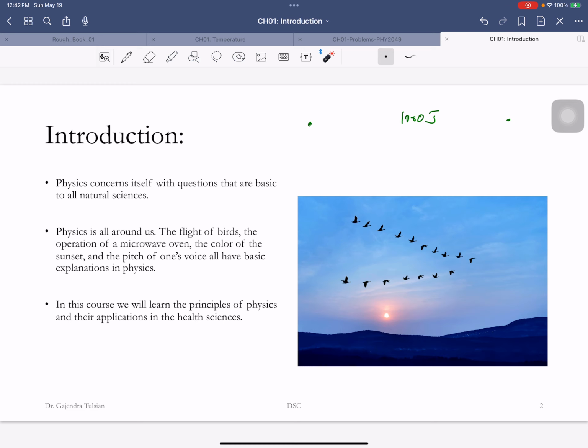And they share the responsibility, and in effect, everybody saves energy by exhibiting this behavior. Anyway, so physics is all around us, and the color of the sunset, the pitch of one's voice, all have basic explanations in physics. Okay. So we'll learn principles of physics, and applications will be to the health sciences mostly.